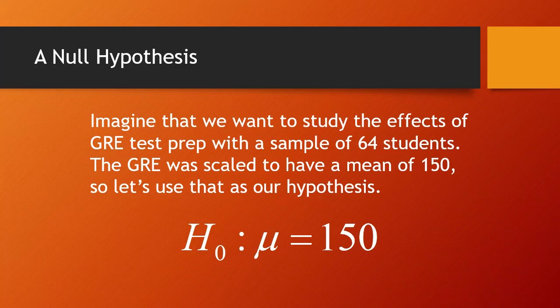The GRE was scaled to have a mean of 150, so let's use that as our guess, our hypothesis. We're going to propose that the mean, and we're talking here about the parameter, the mean, which is unknown, not the sample, which we can know. The mean is 150 for the population. That's our guess. We call that the null hypothesis, and we symbolize it as I have done here with an H and a subscript 0.